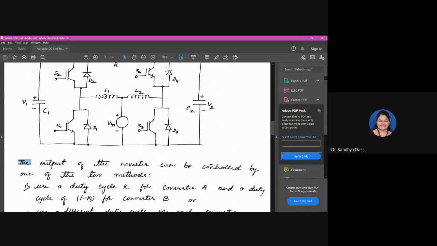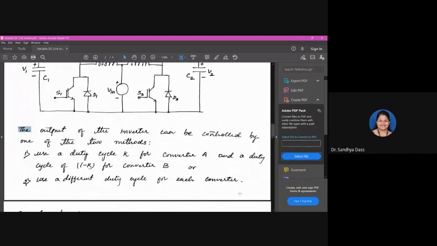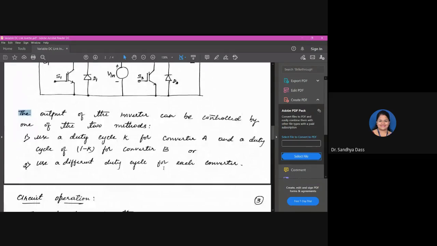I hope you are able to recall things. The other method is to use a different duty cycle for each converter. Let us observe how it works for a different duty cycle for each converter.